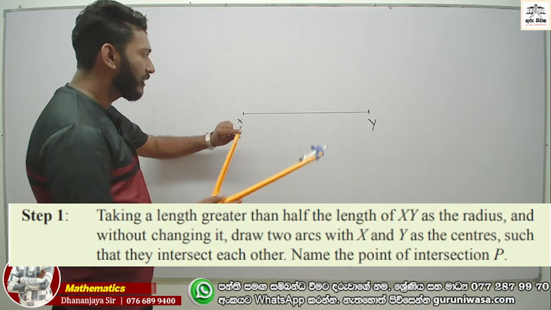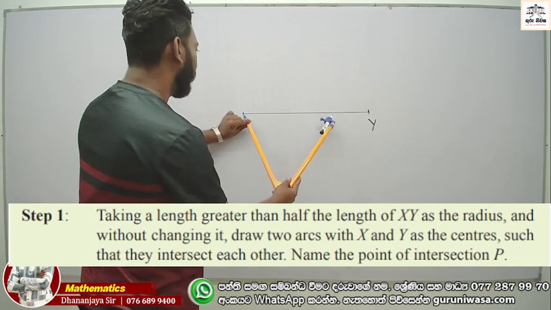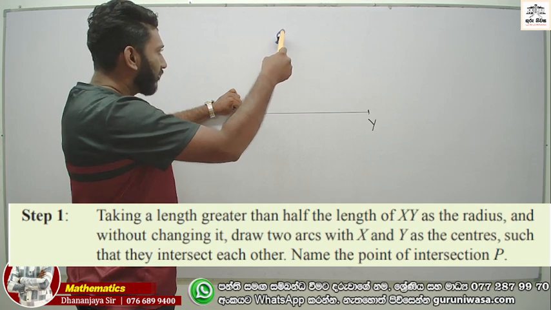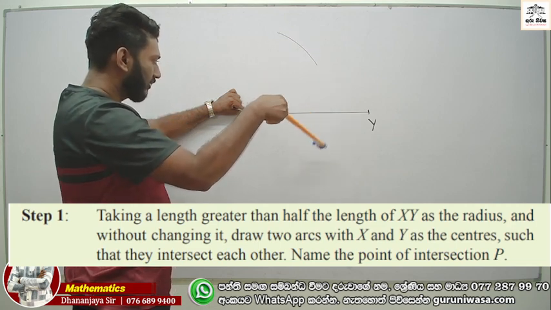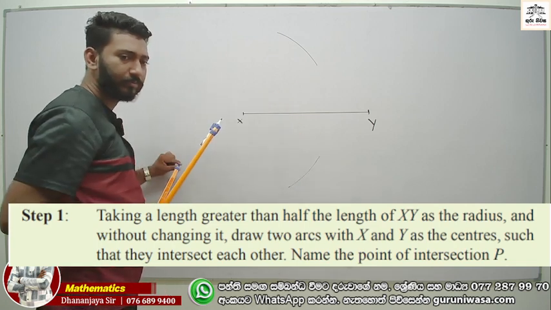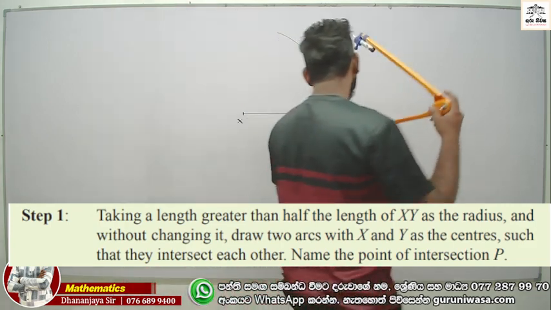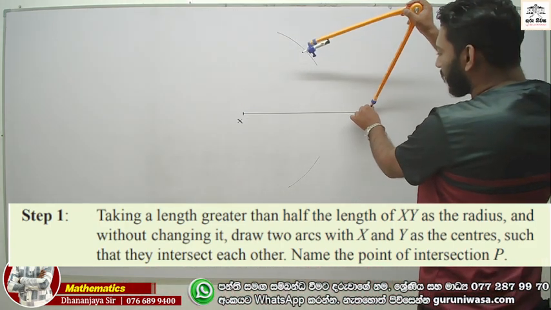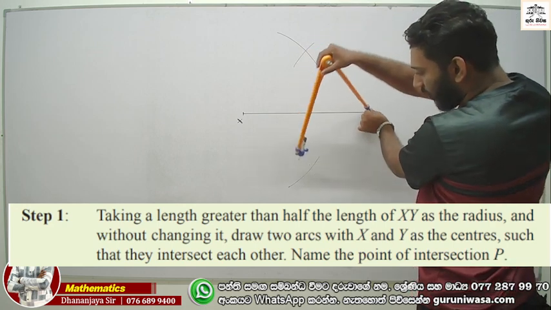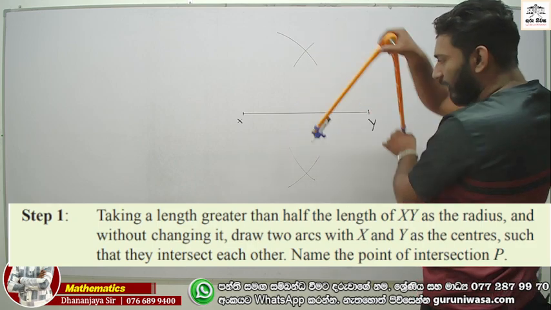Now look at this, more than 50%, right? It's okay. Now I'm going to mark an arc up and one down, like this. And do the same thing with Y. Take Y as a center and draw the arc like this.